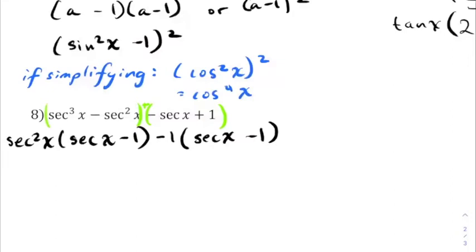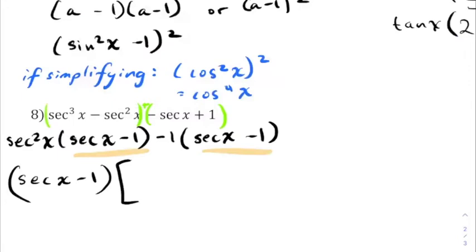So now that I have a common factor here, we can then factor that out, secant x minus 1. Let's put that factored out. And what's left over on the inside? We've got secant squared x minus 1. Okay. I didn't really need the brackets, but I just wanted to distinguish what we were factoring out. Is there anything else I can completely factor?